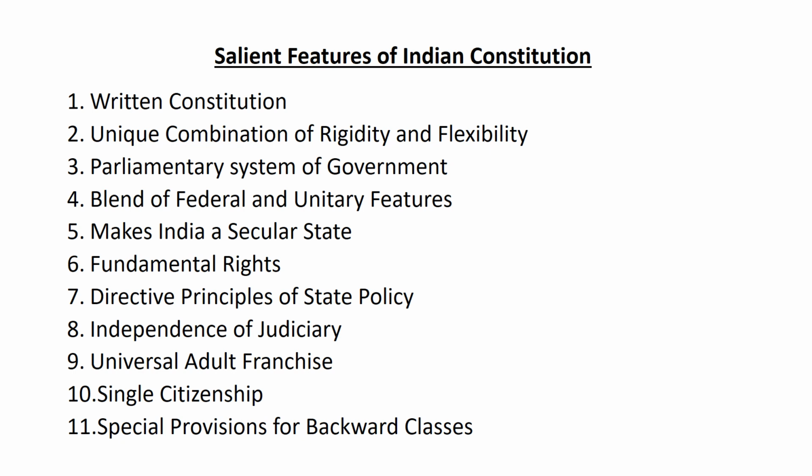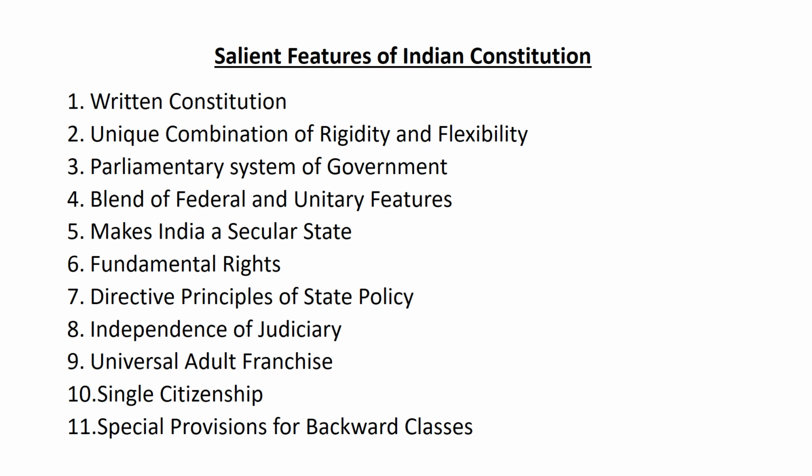Let's discuss how the blend of rigidity and flexibility makes our Constitution very unique. Constitutions are classified into rigid and flexible. A rigid constitution is one that requires a special procedure for its amendment, for example, the American Constitution. A flexible constitution is one that can be amended in the same manner as ordinary laws are made, for example, the British Constitution.